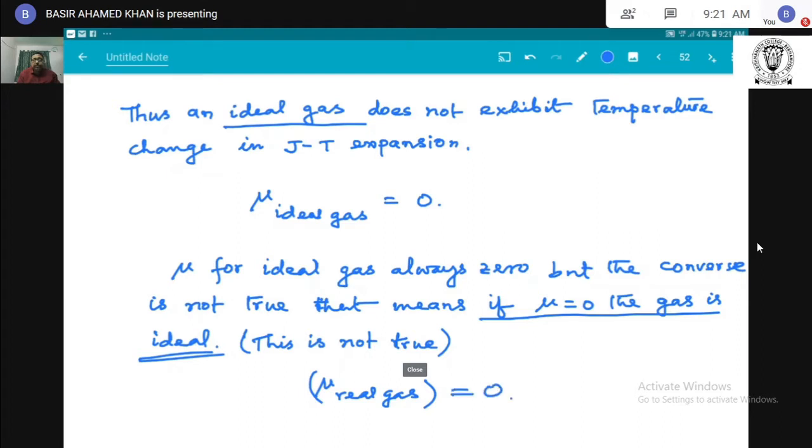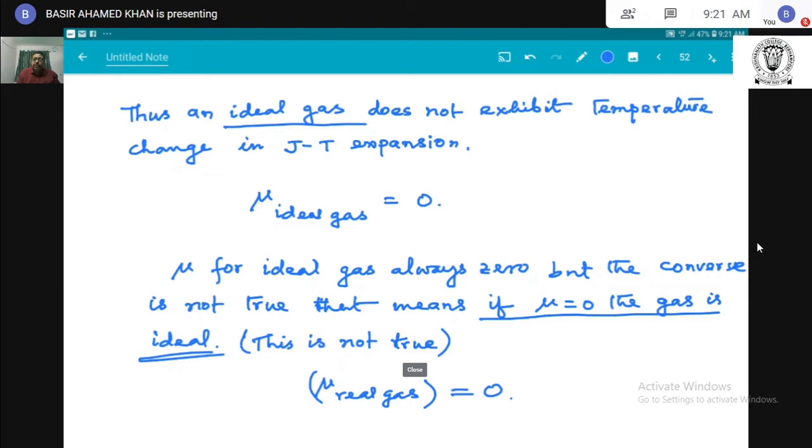That means it can happen that mu for real gas equals 0. It happens when the initial temperature of the gas is equal to a certain temperature of this particular gas.